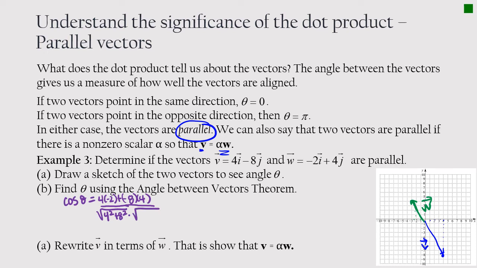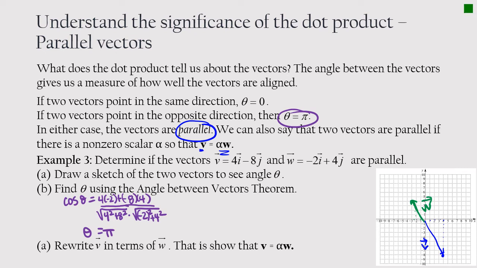The magnitude of w is the square root of negative 2 squared plus 4 squared. When I take the cosine inverse, you end up getting that theta is pi. So when your angle is pi, these are parallel.